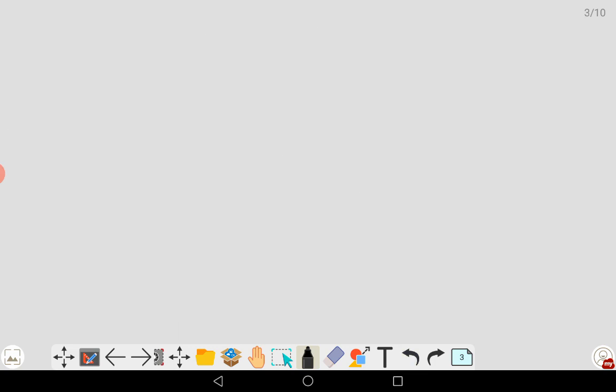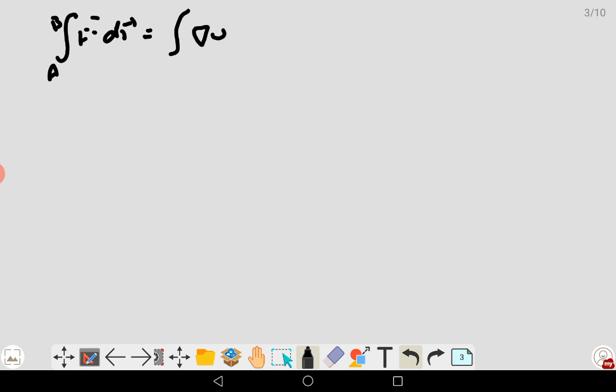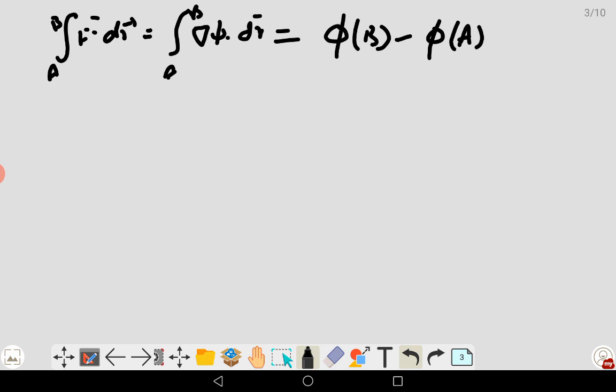Theorem 9.9.1 says the integral of F dot dr from a to b can be written as the integral of del phi dot dr from a to b, which equals phi of b minus phi of a. Now what is our phi?